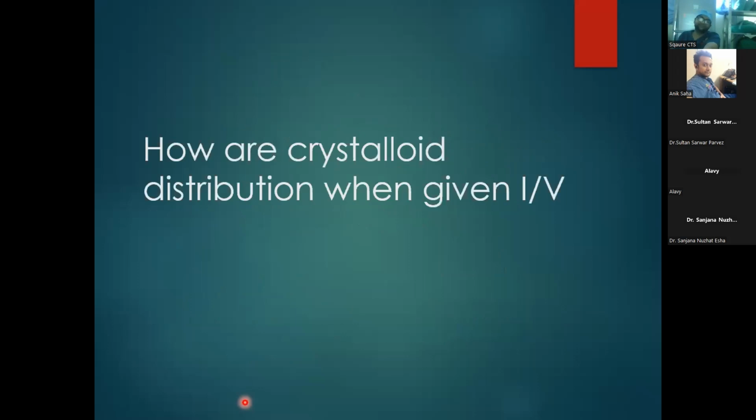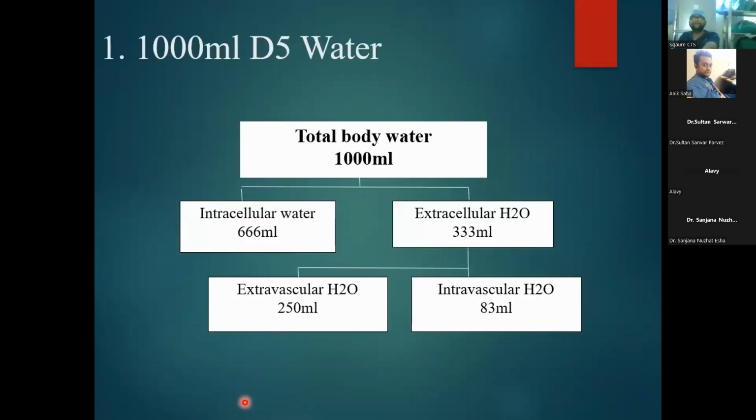How is crystalloid distributed when given IV? According to rule number 2, when 1000 ml of 5% DA is infused, what happens? Total body water gain is 1 liter.